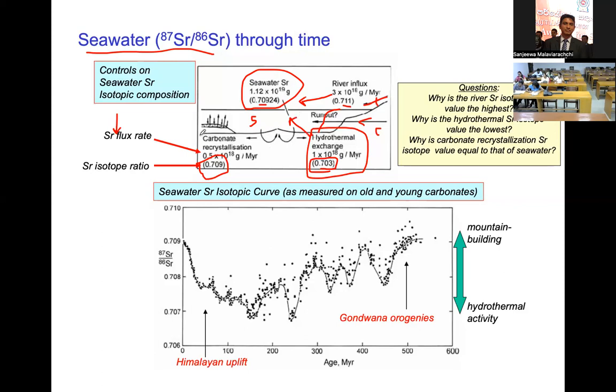And also carbonate crystallization. Carbonate crystallization happens in the sea. How can that happen? When the animals or creatures in the sea die, their shells get dissolved, and those carbonates will add strontium, right? But the strontium isotope ratio in those carbonates is about 0.709, almost equal to the average seawater strontium isotopic composition. Why is that?